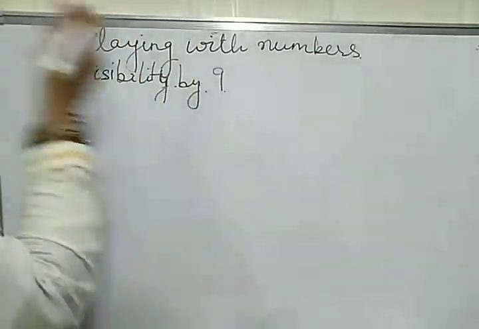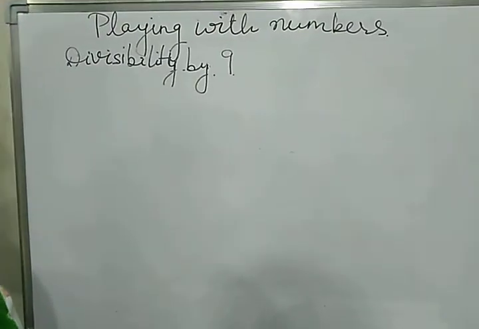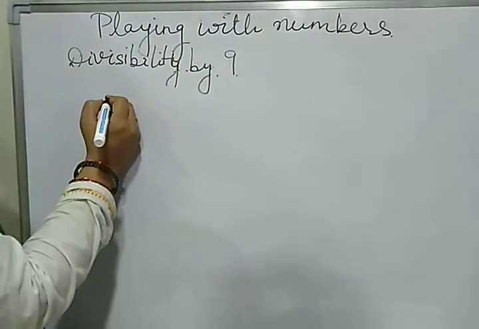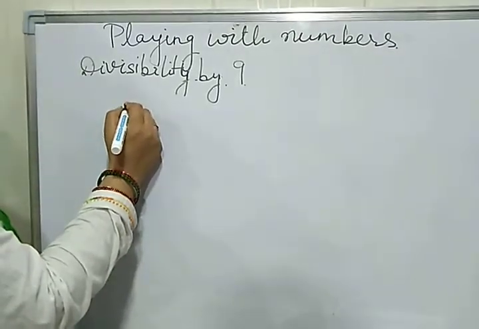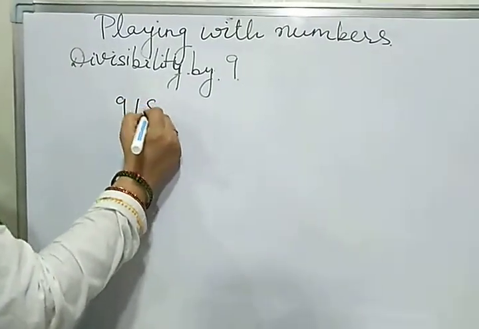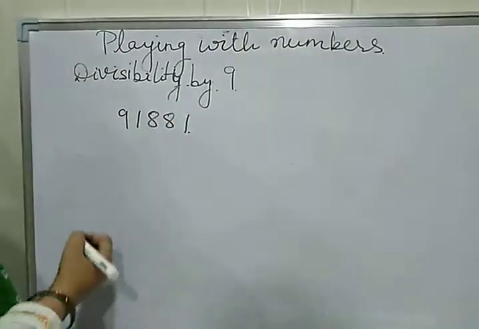Now the divisibility by 9. Divisibility by 9 is the same as divisibility by 3. For that also we will find out the sum of the digits of the number. Like 9, 1, 8, 8, 1.